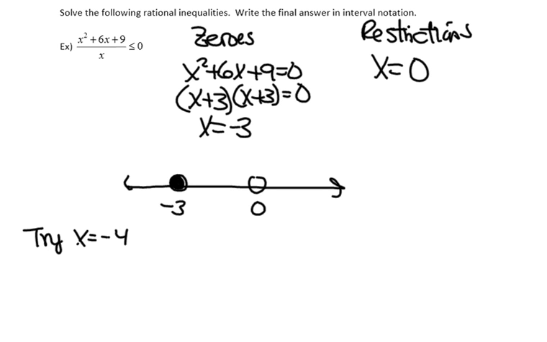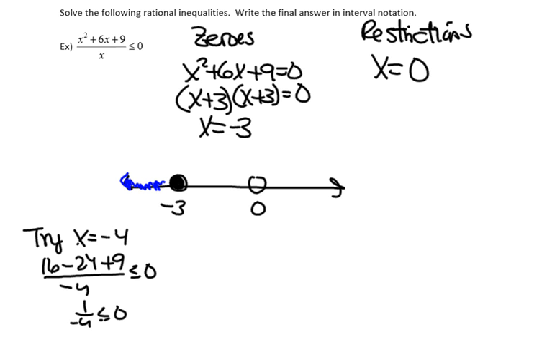So when we plug in -4, that's 1 divided by -4, and that certainly is less than or equal to 0. So we can include that particular region.